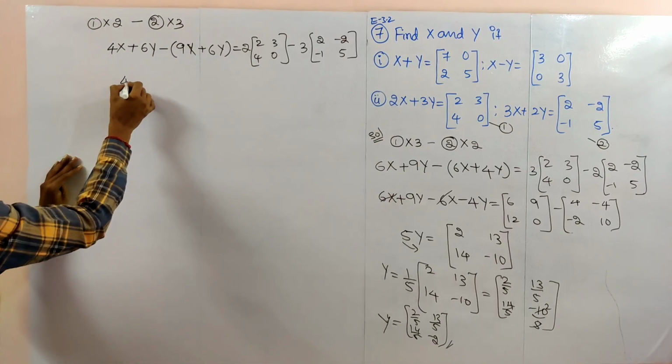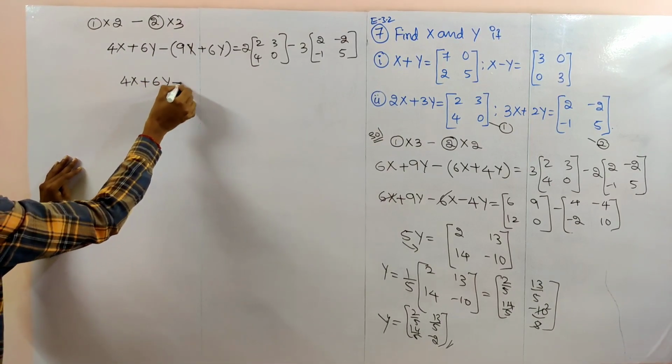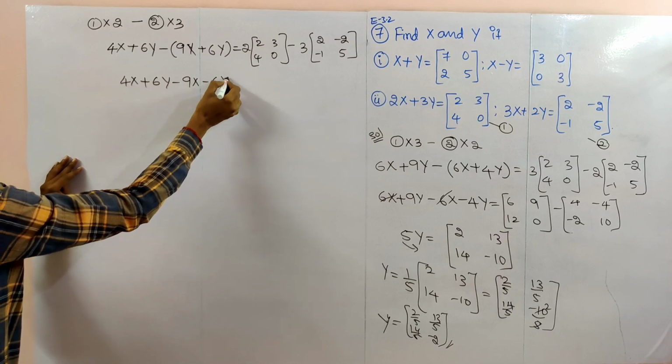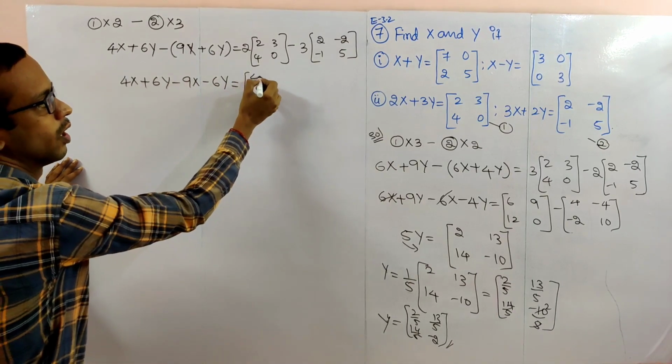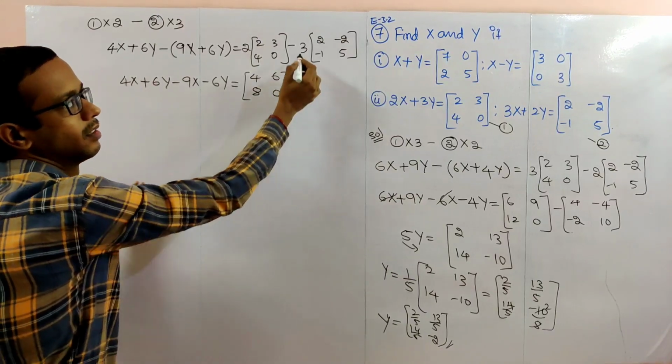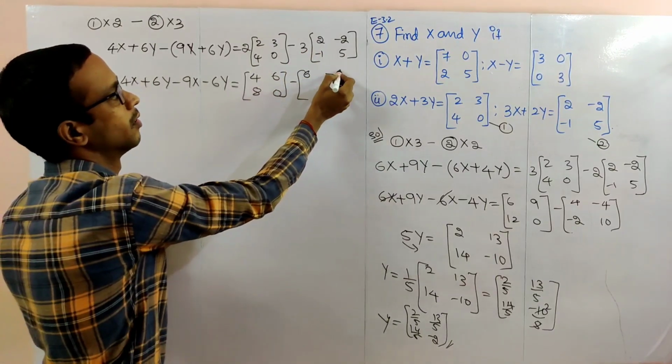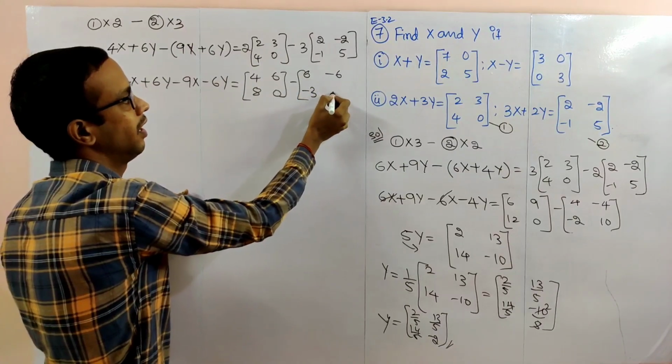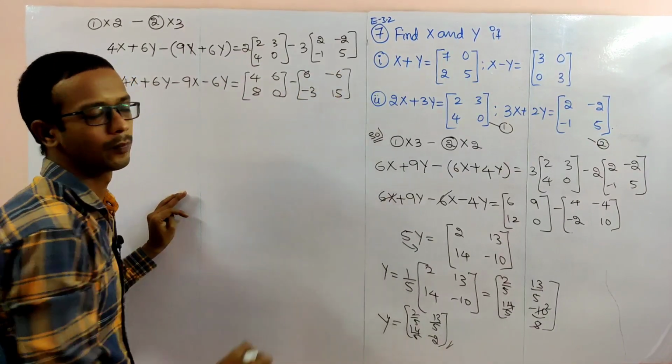So now simplify. 4x plus 6y minus 9x minus 6y is equal to 2 2s are 4, 2 3s are 6, 4 2s are 8, 0, minus, multiply inside, 6, 3, 15.